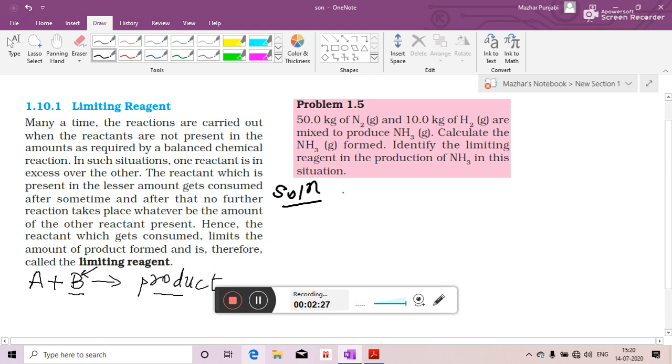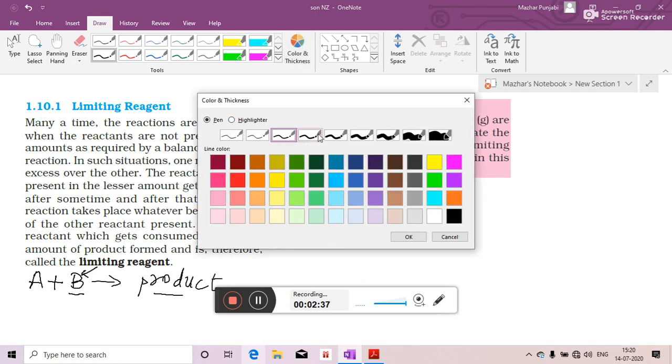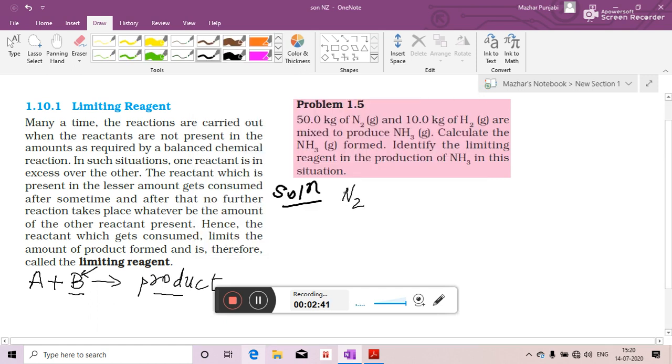So first of all, if we write the formation of ammonia, the equation is N2 plus 3H2 reversibly gives 2NH3.